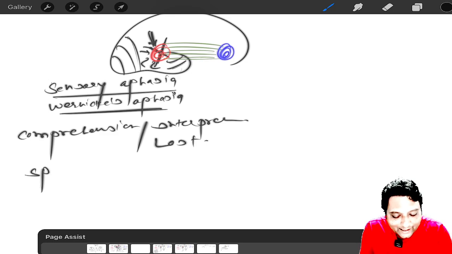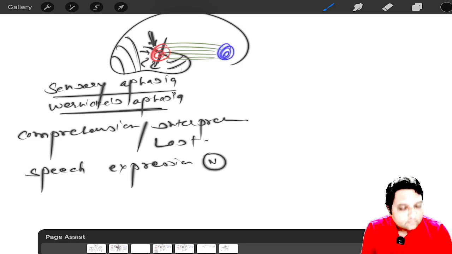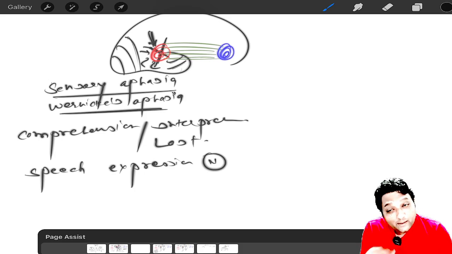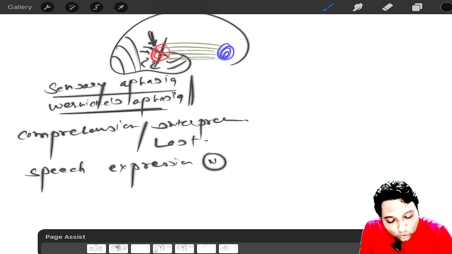But speech expression is normal, though speech is without any sense. So this type of patient speaks fluently but without making any sense. That's why this is also called fluent aphasia.